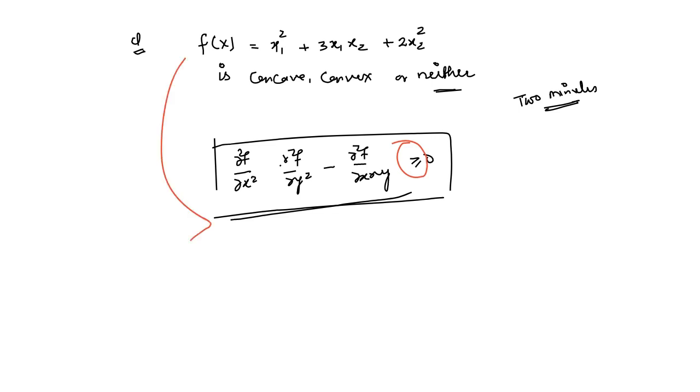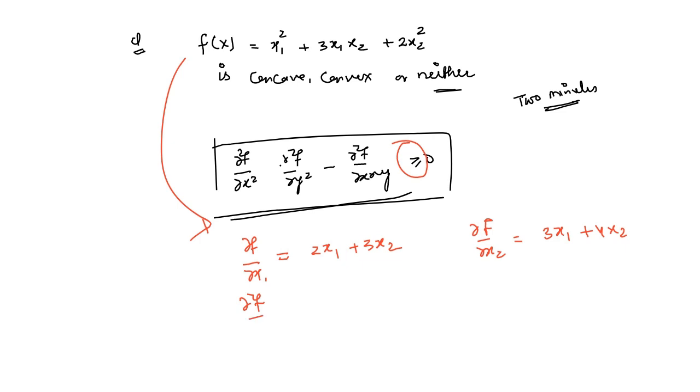So we find del f upon del x1. Del f upon del x1 gives us 2x1 plus 3x2, and del f upon del x2 we calculate as 3x1 plus 4x2.